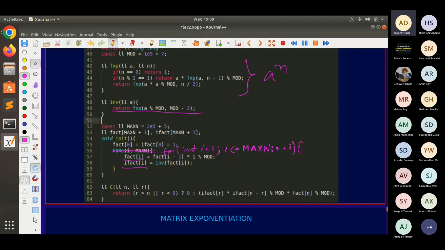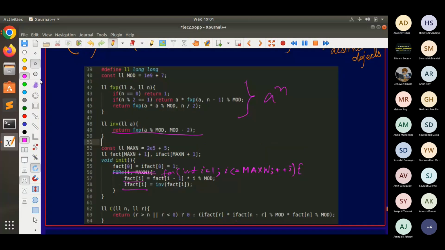And you probably know that if r is greater than n or if r is less than 0, this is conventionally assumed to be 0, so I've just returned 0 in that case. Otherwise, I've returned the product. You will notice that the multiplication is first taken for these two, and after multiplying two terms, I'm taking a mod, and then I'm multiplying the third term. Why am I doing that? Anyone? To prevent overflow. Exactly, to prevent overflow.